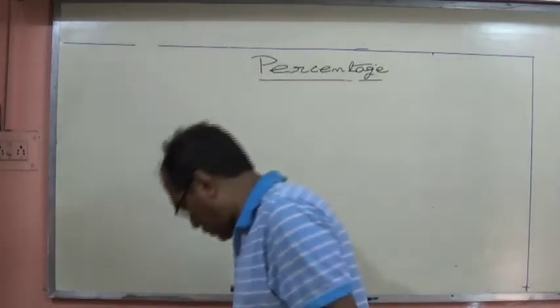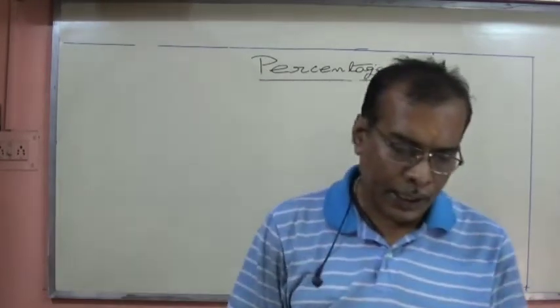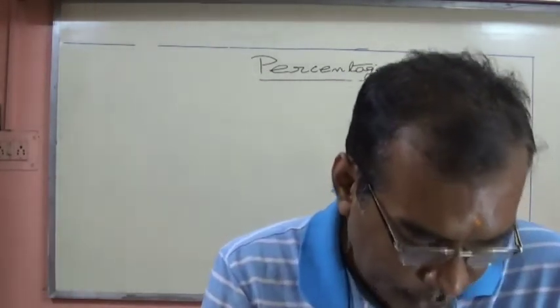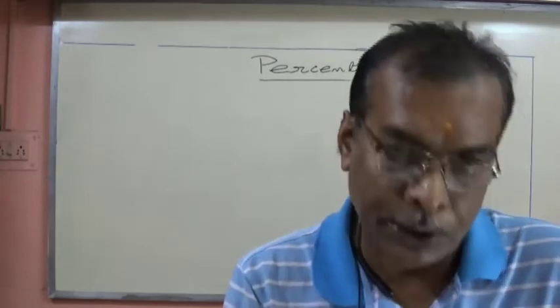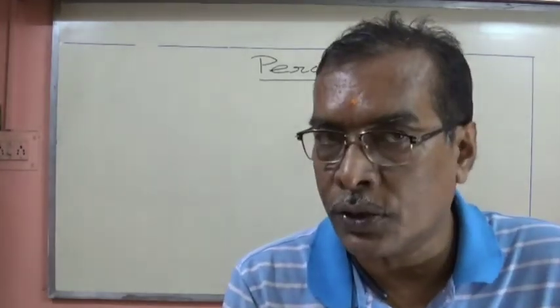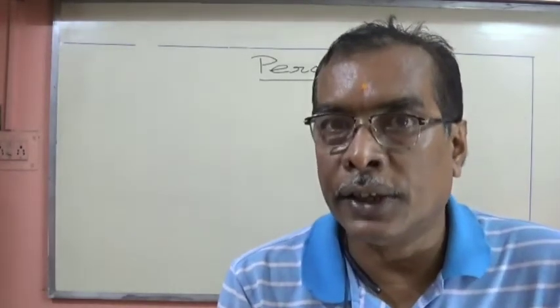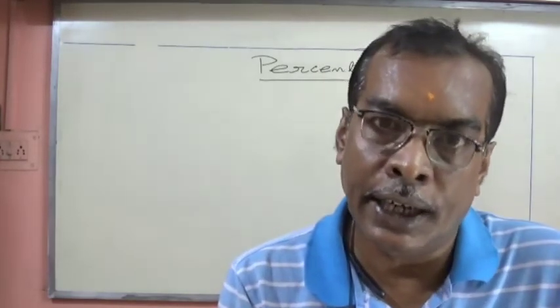The question is that A's income is 20% less than B. A and B are two persons. B is getting more, A is getting less.